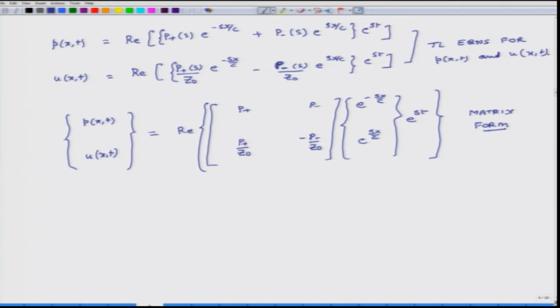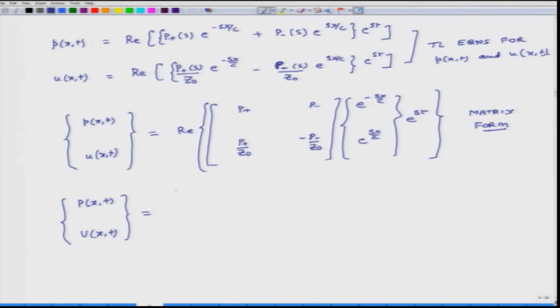then the left side can be expressed as complex pressure. So, complex pressure is capital P of x and t, and complex velocity is this thing.